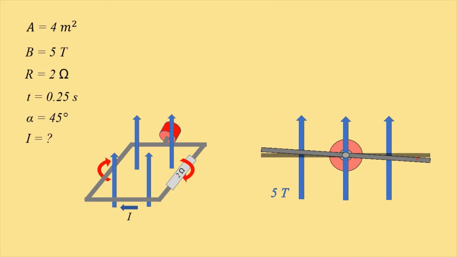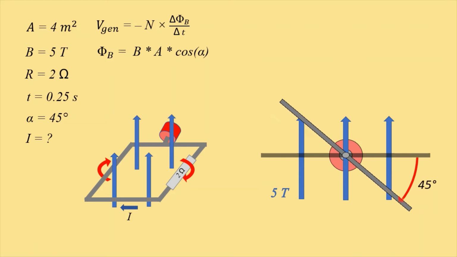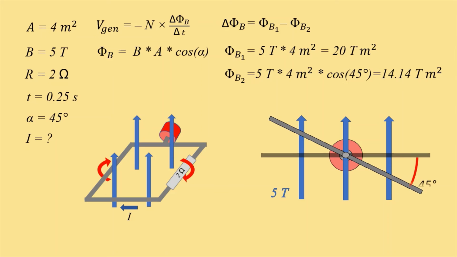We will want to know the amount of current that will be in the wire while it's moving this distance. Again, we will use the same equations as in the previous example. Again, we have 2 cases. We have the case where the wire is flat, as when it starts moving, and then we have the case with 45 degrees. So again, we will calculate the fluxes of both cases.